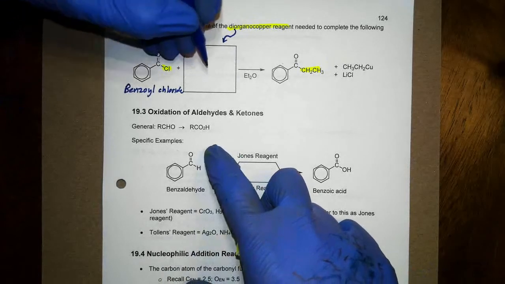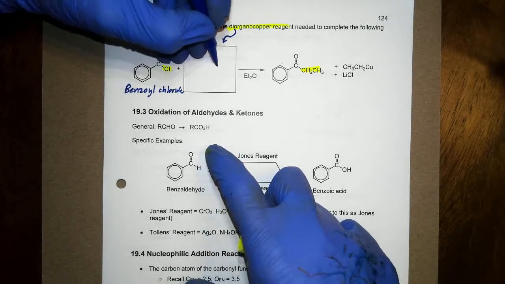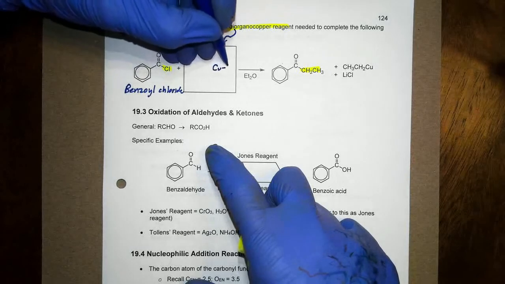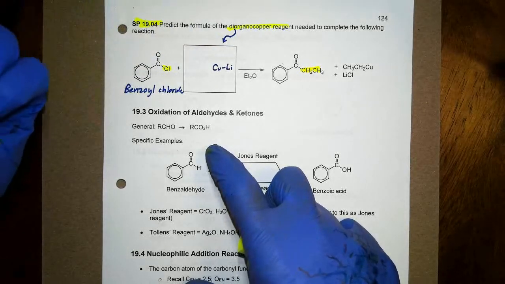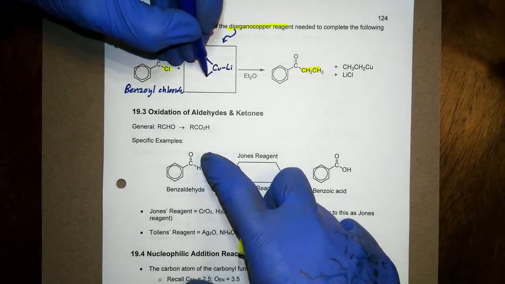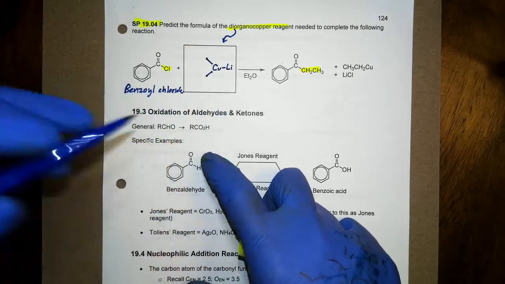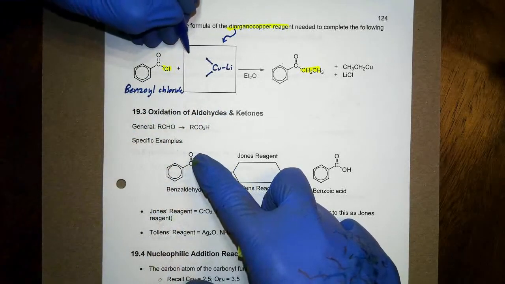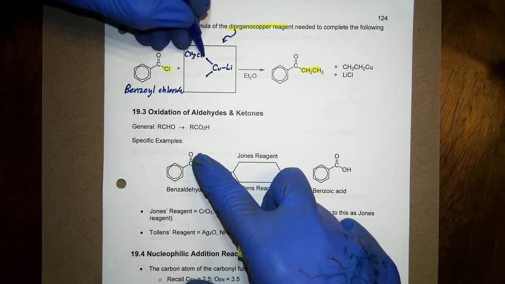Now you can write this out condensed, but if you want to draw it out showing a little more details, remember this always has a copper lithium bond, and that bond's pretty close to being ionic. But bear in mind, folks, that the R groups are going to be identical. Okay, you would not want a mixture of R groups here because that would give you a mixture of products.